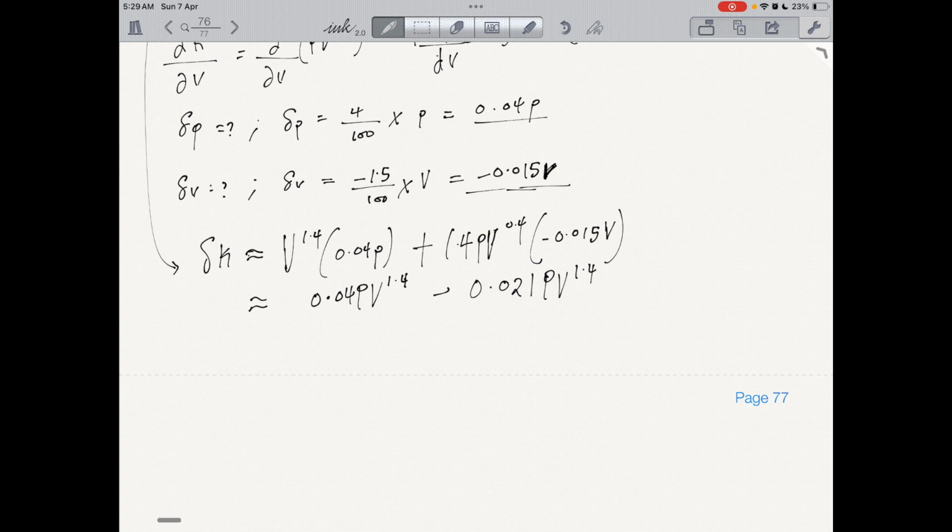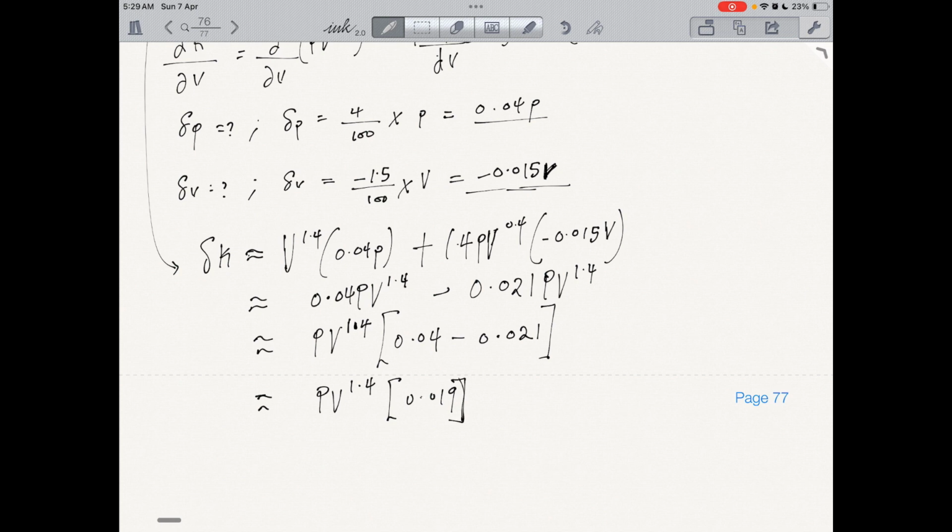Let us factorize with PV raised to power 1.4, and then we have 0.04 minus 0.021. And this will give us PV raised to power 1.4 into 0.019.